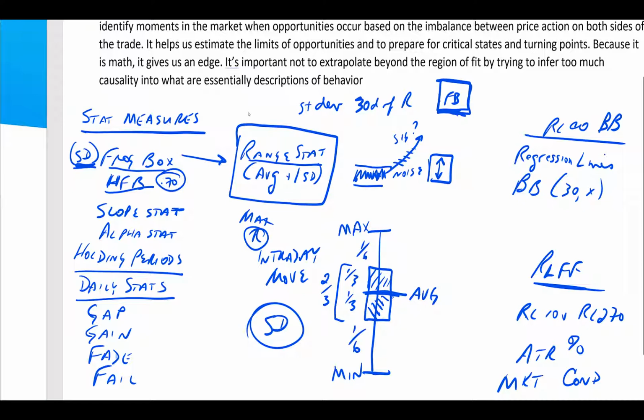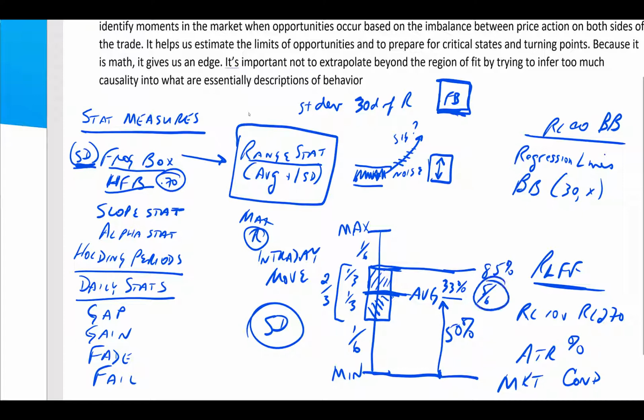So what we can say is that over a 30-day period, about 50% of the days were between the minimum and up to the average, plus another 1/3, which is about 33%. So something like approximately 85% or 5 out of 6.